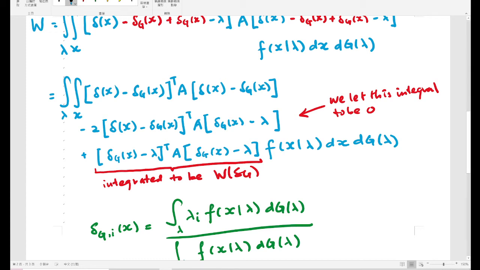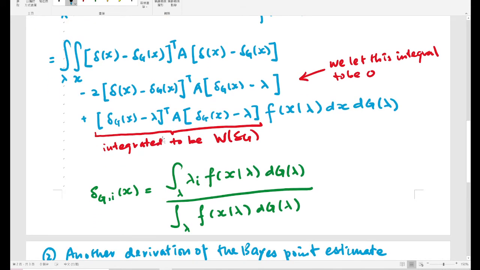So in order for this claim to hold, we need the second integral, the cross product term, to be 0. So let us, just like the case in the previous video about point estimation with one parameter, set this integral equal to 0, and it is very straightforward to derive the following conclusion. Because the arguments are the same, I don't write down the argument once more, but it is very simple.